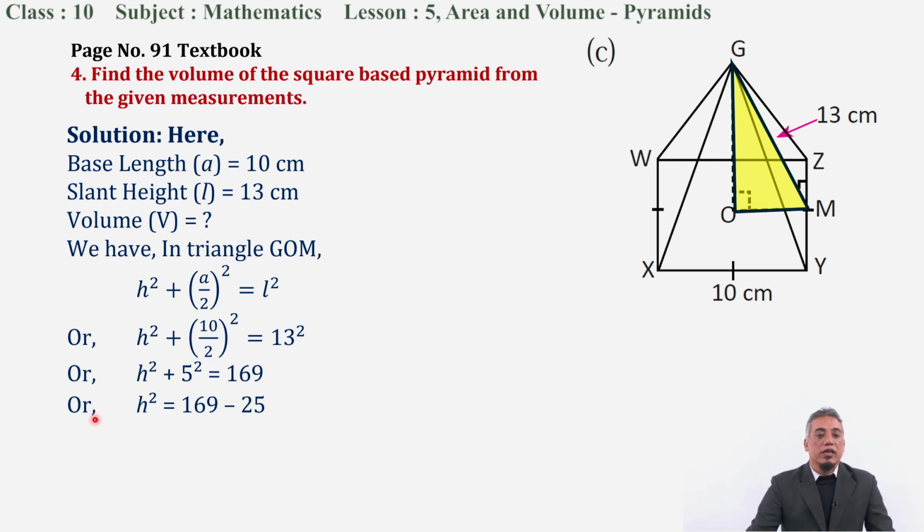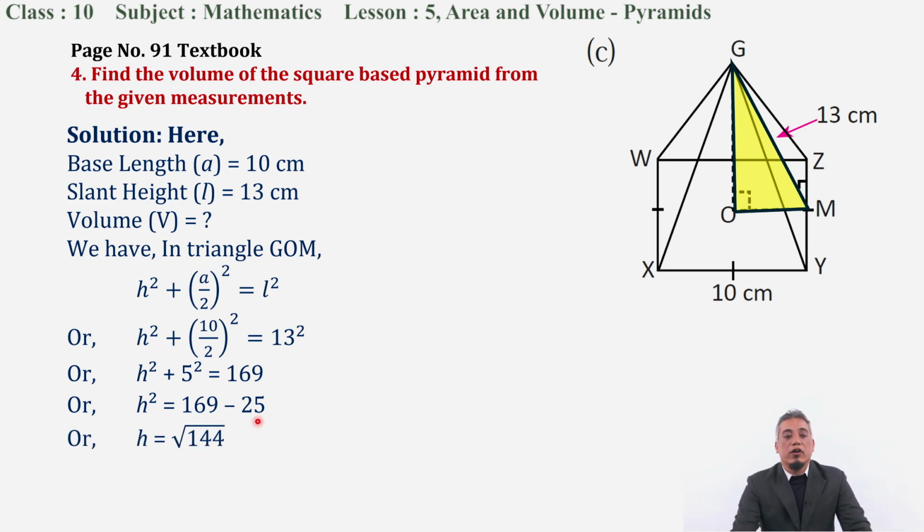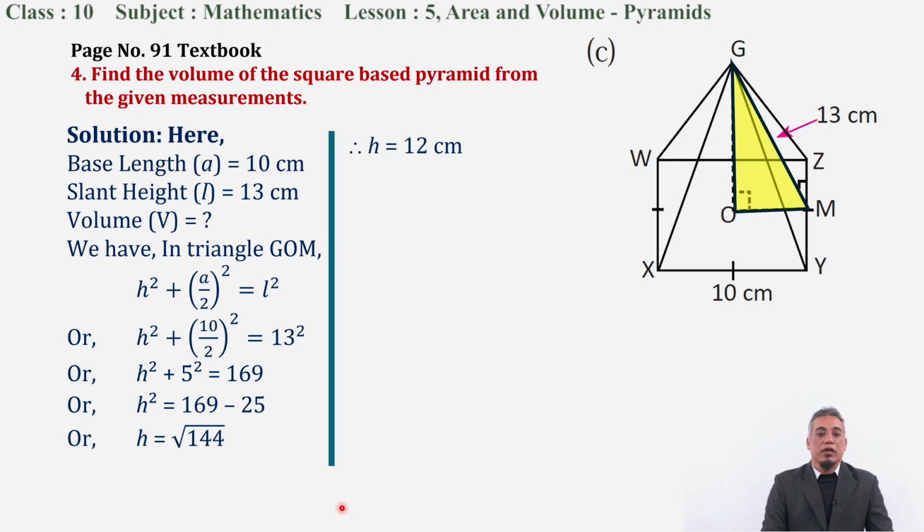So when it is taken to this side, it becomes negative 25, and when you subtract 25 from 169, it is 144, and when the square is taken to the other side, it becomes square root. That makes H equals root under 144. So we have got the value, H equals 12, because you know that 144 is the square of 12.